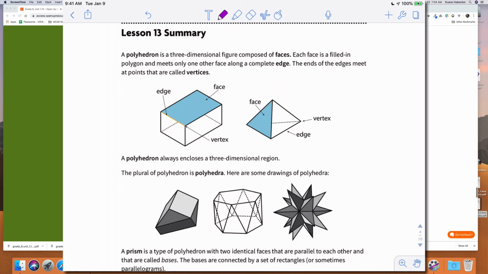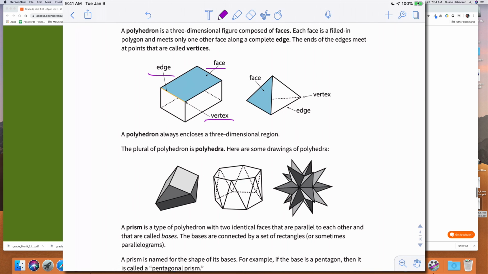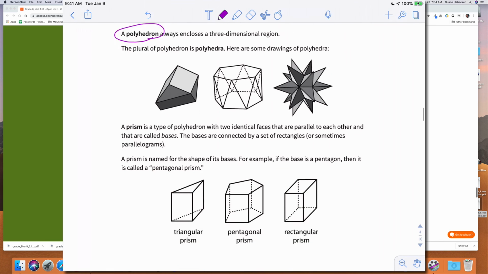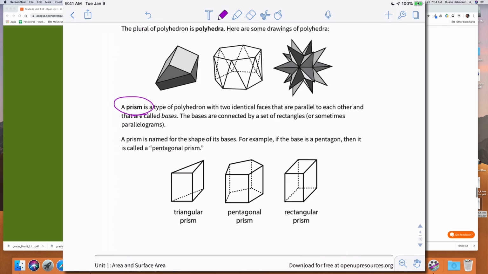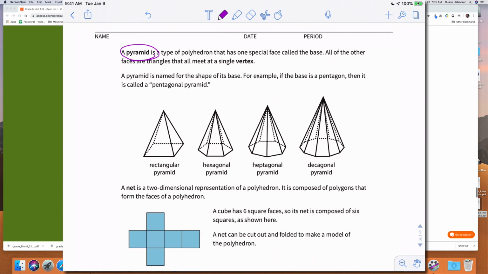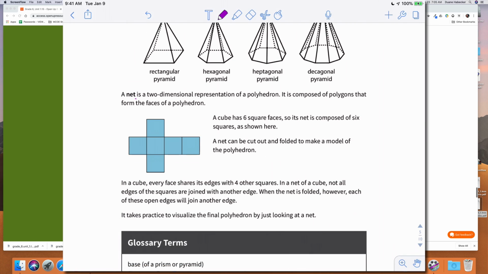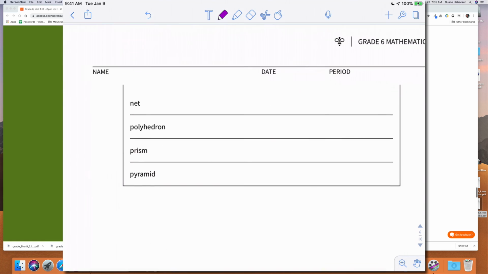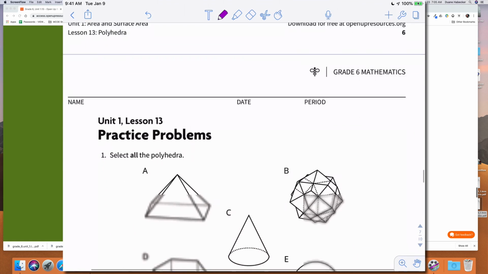We're talking about edges and face and vertex. We're talking about polyhedron. We were talking about polygons. We're talking about prisms, and we're talking about pyramids somewhere. There's a pyramid, and then we were talking about a net. So there's just so much vocabulary. I'm just in awe of this lesson. There's just so much going on.